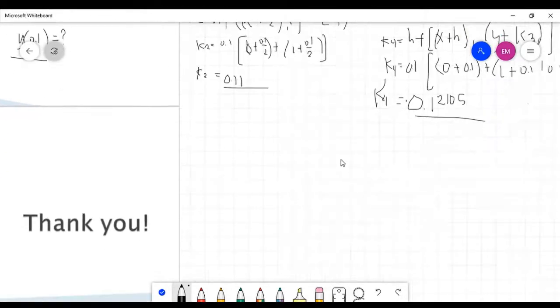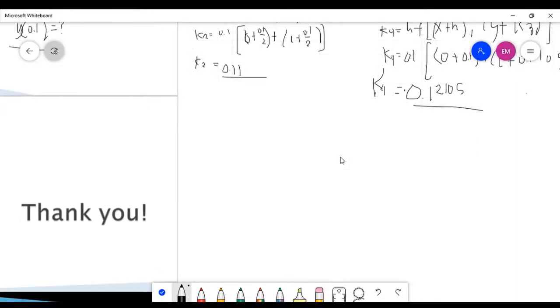Now, you have an option of checking your answer if it is correct. And of course, we will do the conventional way of solving just to check whether our answer is correct. So, again, the given is dy over dx equal to x plus y. It can be solved by linear differential equation if you remember your DE.